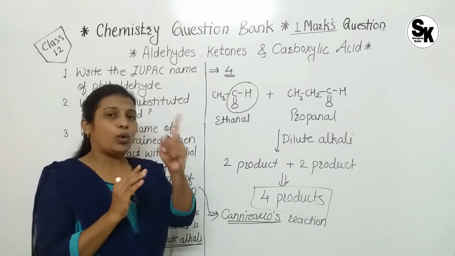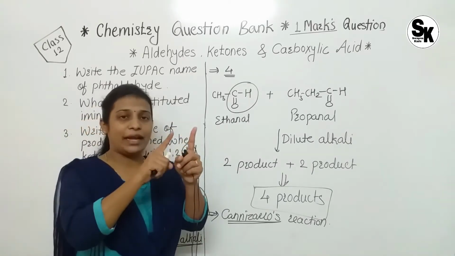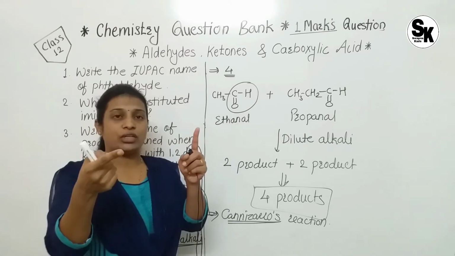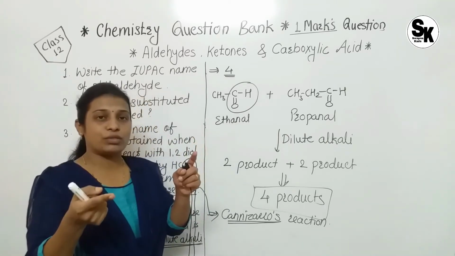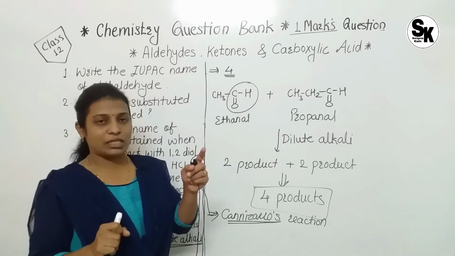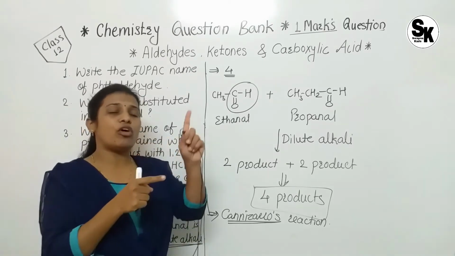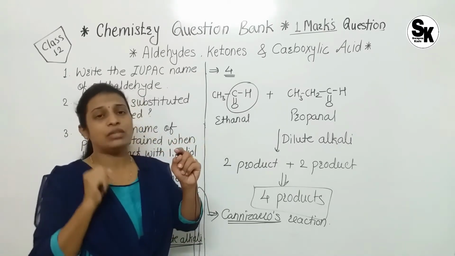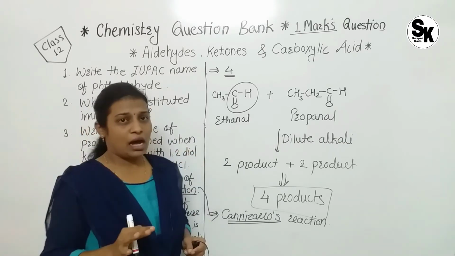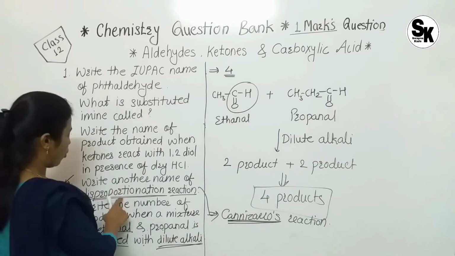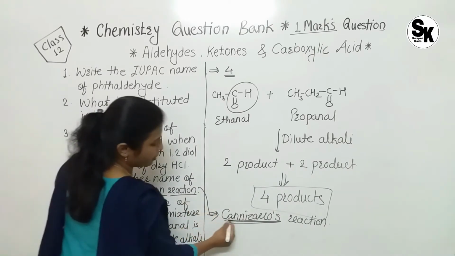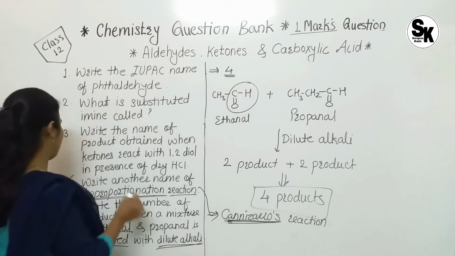In that, one molecule of the aldehyde undergoes oxidation in presence of concentrated alkali and forms the salt of carboxylic acid. The second molecule of this aldehyde undergoes reduction and forms the alcohol. In this way we can say that another name of this disproportionation reaction is the Cannizzaro's reaction.